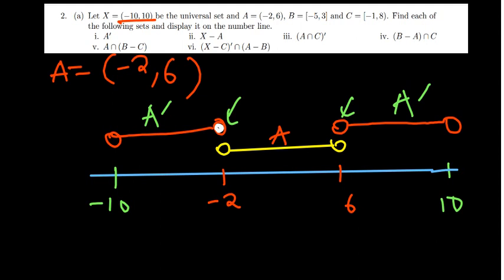Do we understand what she has said? The fact that negative 2 and 6 were not shaded tells us they are not part of A, therefore they are supposed to be part of A complement. Does that make sense? Yes, we understand it.